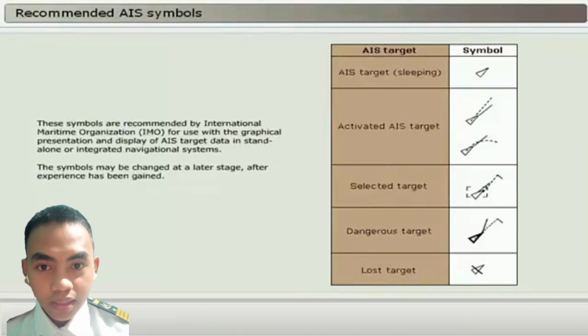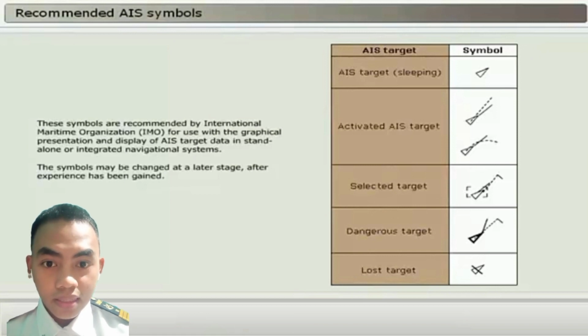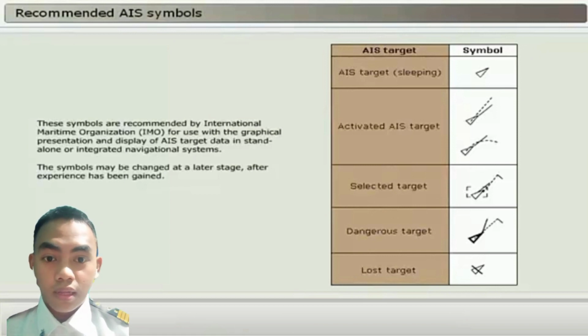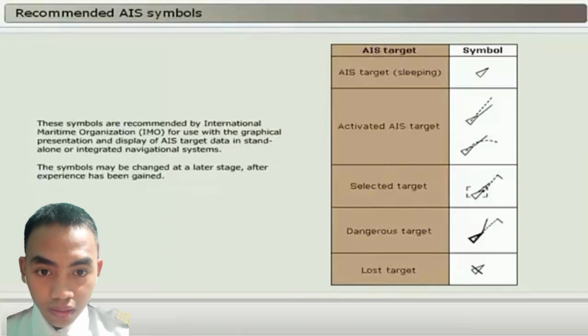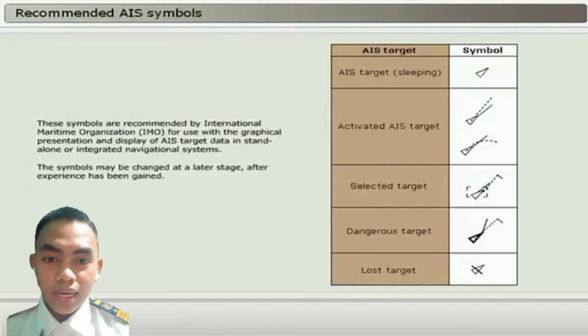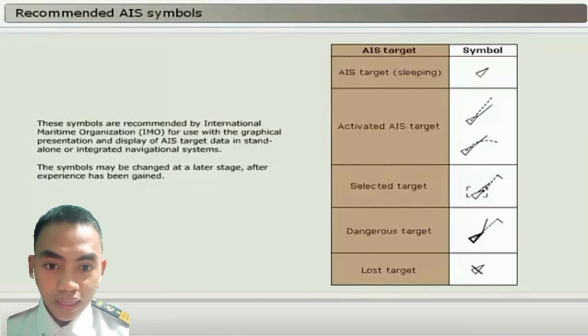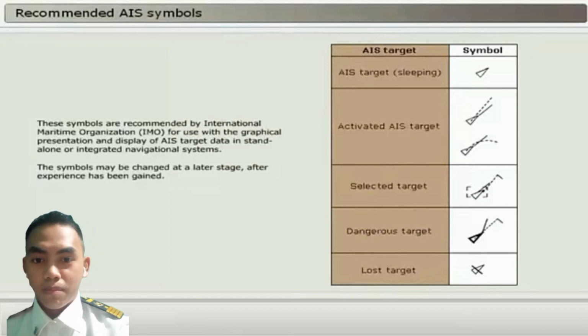The first symbol is the AIS target, which is the sleeping symbol. It looks like a triangle. Then the activated AIS target, which has a brown line, a triangle with a straight line. Then the selected target, the dangerous target, and the lost target. So that's the symbols.